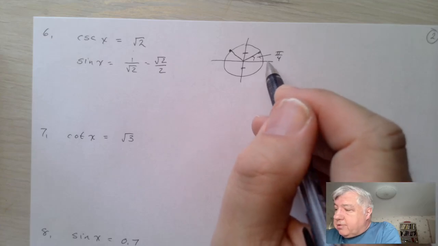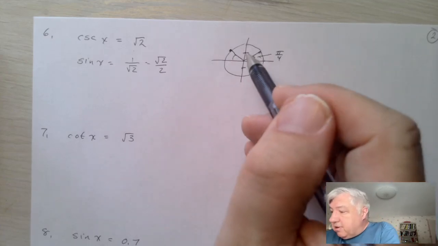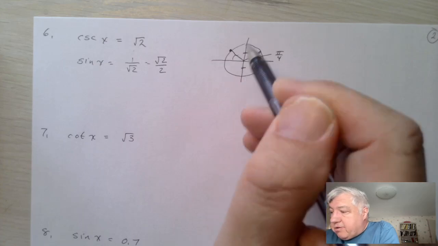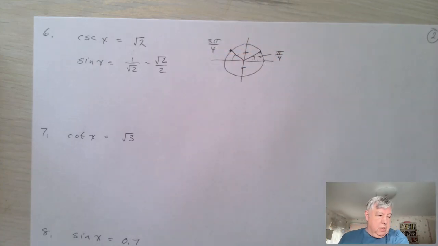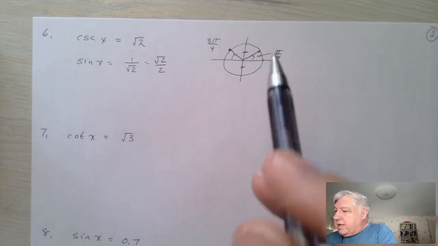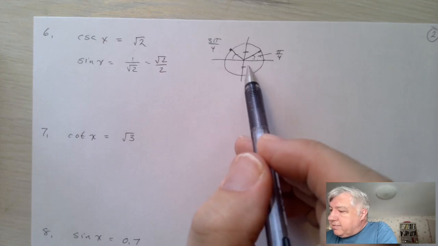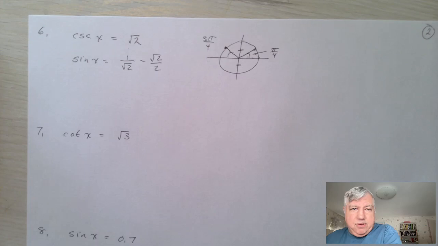So this is pi over 4. This angle is also pi over 4. So the angle from here to here would be 3 pi over 4. Okay. But you could also write this as negative pi over 4. I think. Why did we do that? No, we can't do that. Okay. So I was wrong in my notes, but I'm right now.